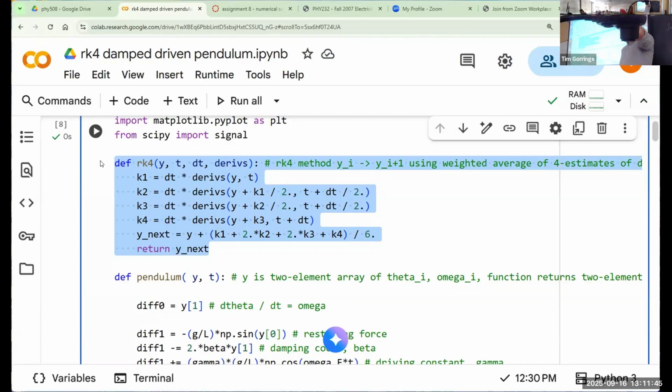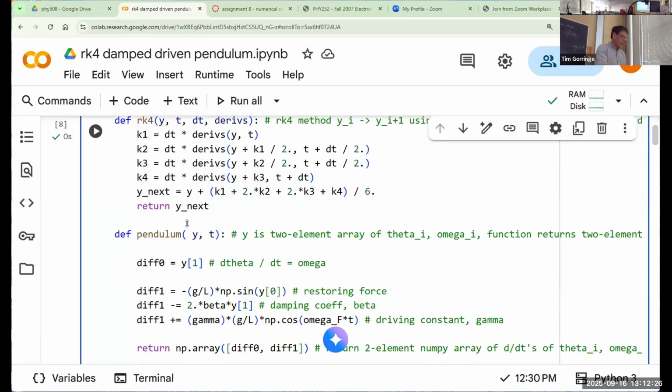It does so by making 4 separate estimates of the slope of the function, the differential of the function, across a time tick, and using those 4 estimates, estimates the function's value at the end of the tick, knowing the function's values at the beginning of the tick. So it's a very accepted compromise between making a precise estimate of the function a tick later and not having an overly complicated estimate of the function a tick later. Okay, so we've met that before, and I just cut and pasted this from last week's.